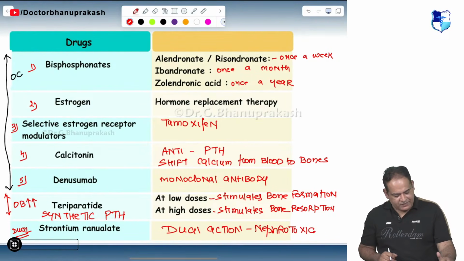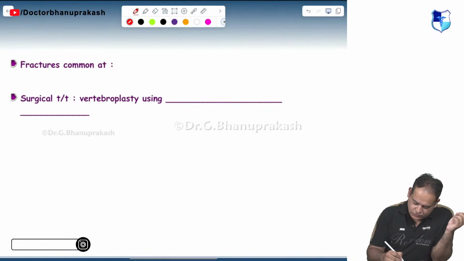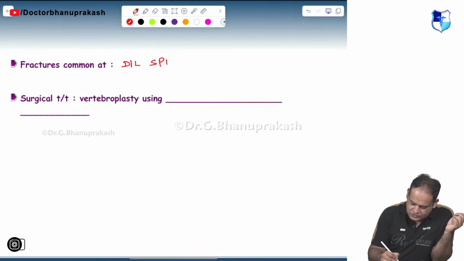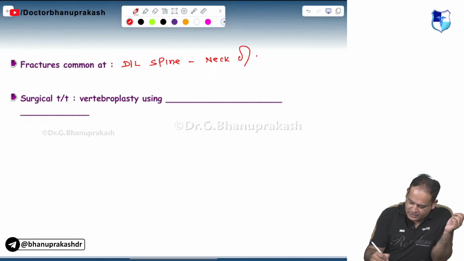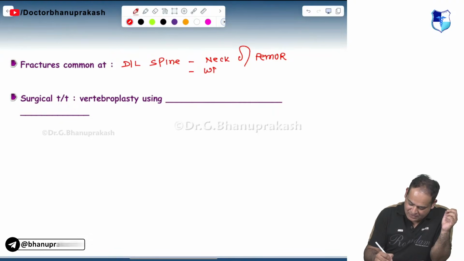Bisphosphonates are used, let's say, if there is severe osteoporosis. Yes. Now, fractures are common at the dorsolumbar spine. They are common at the neck of femur, fine, and common at the wrist joint.